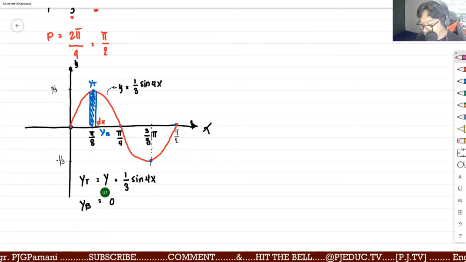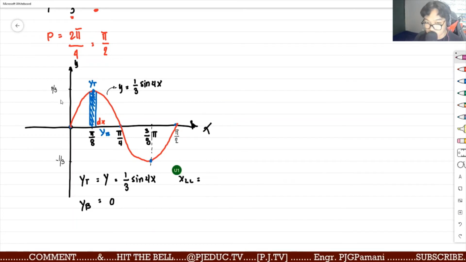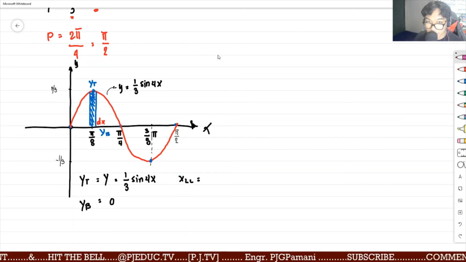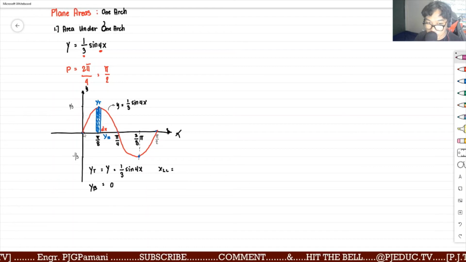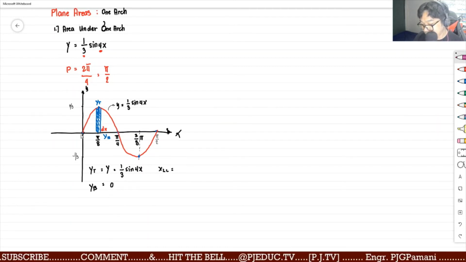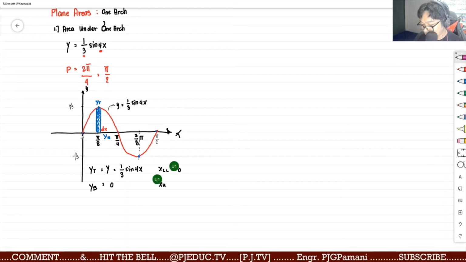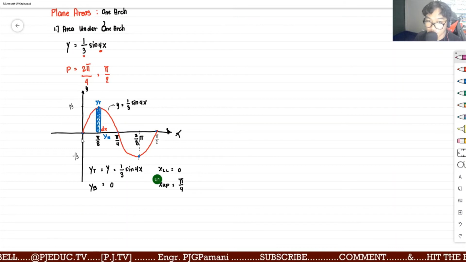How about your lower and upper limit of the integrand? One arch ang pinag-uusapan sa problem. So, within this curve, that is from the origin to pi over 4. So lower limit is 0. Upper limit is simply equal to pi over 4.